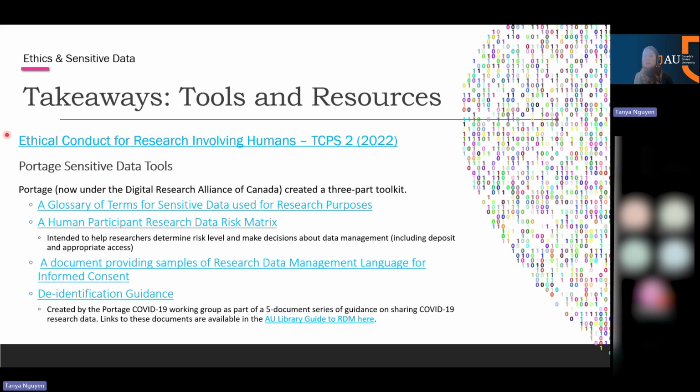Okay, so these are some tools and resources related to ethics and sensitive data. And we have a link to the actual full text of the TCPS 2. I've also listed Portage's sensitive data tools, and they have a 3-part toolkit set.